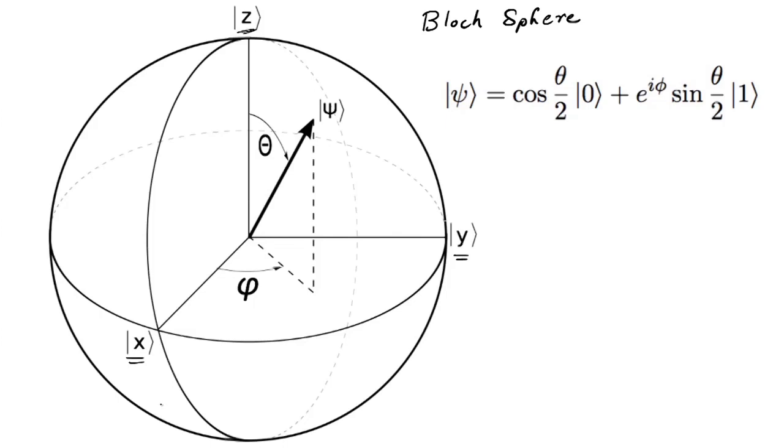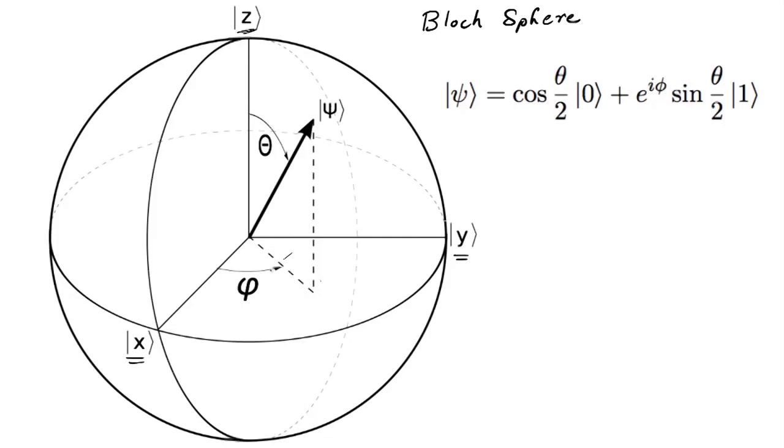And now we can specify a vector by specifying its length, in our case it's 1, and then specifying the polar angles. So the angle theta is the angle that this vector makes with the vertical, with the z-axis, and the angle phi is the angle in the xy plane. So it's the angle that its projection makes in the xy plane.